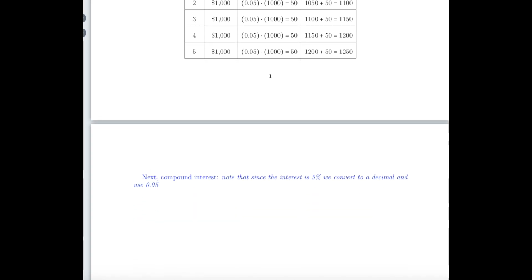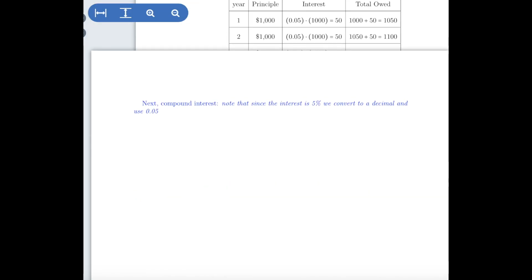Again, since the interest is 5%, we are going to convert that to a decimal and use 0.05. What's cool is in the beginning of compound interest, it does start off pretty much the same, where we have just the basic $1,000 with the $50 interest rate.